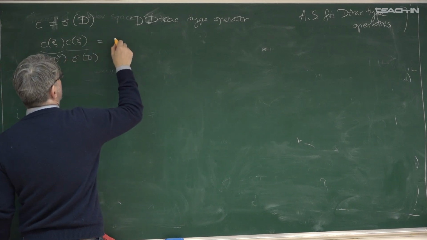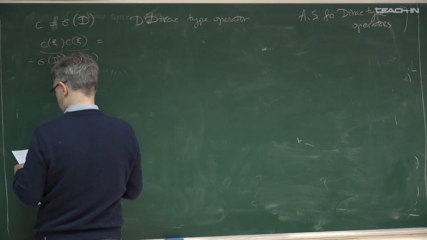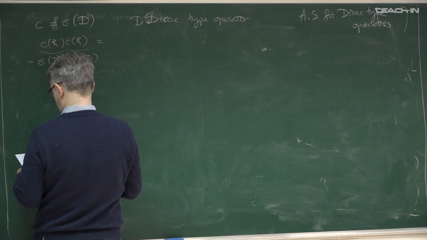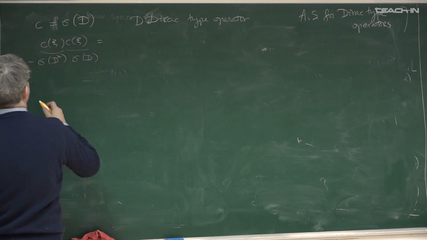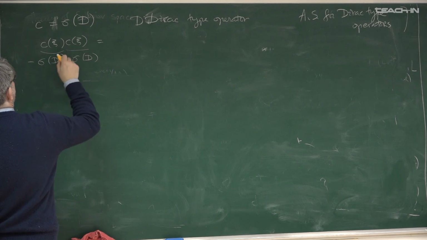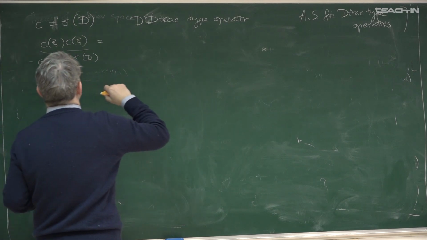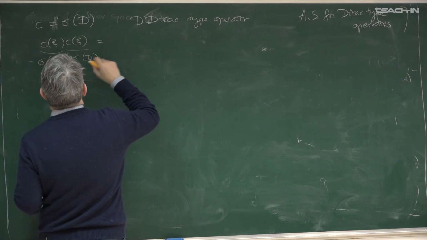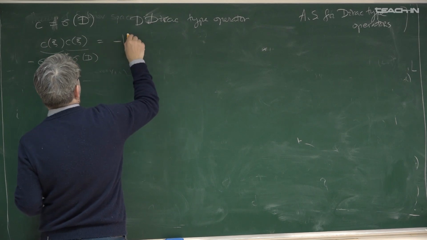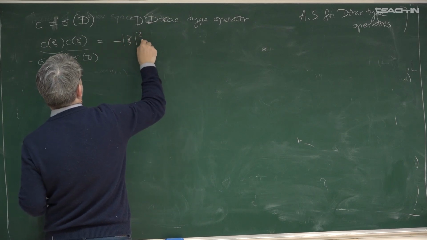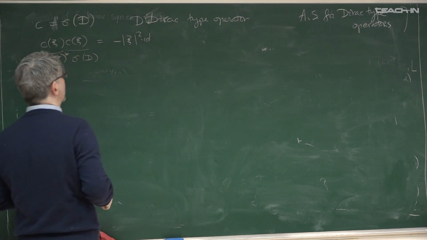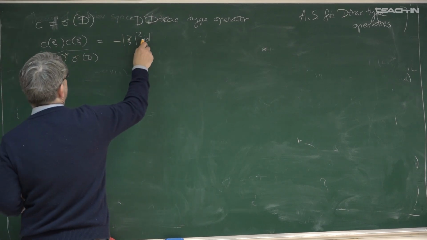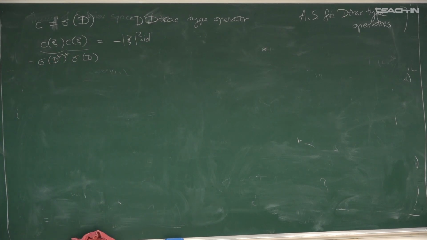So this is, no, conjugate. Yes, it should be conjugate. So this is minus xi squared times identity. Is it correct?